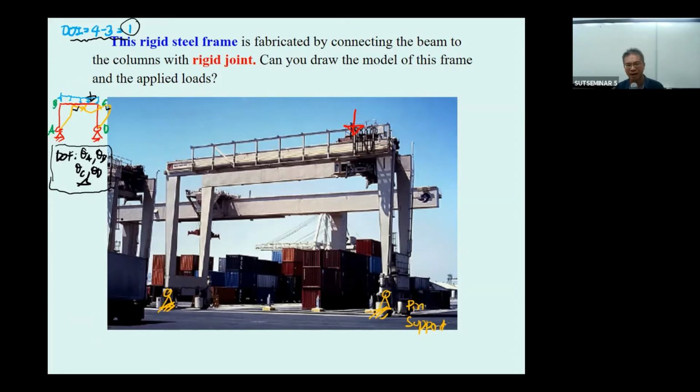But anyway, when you solve this kind of problem, you can reduce it, based upon the slope deflection, or even the moment distribution.